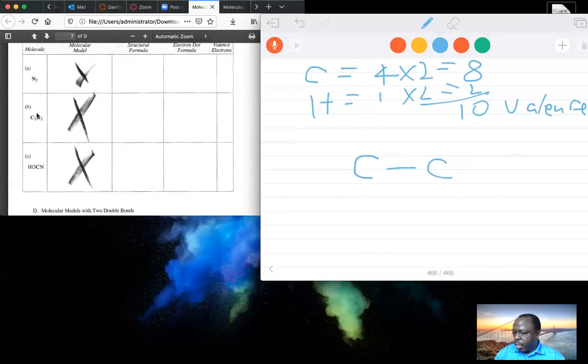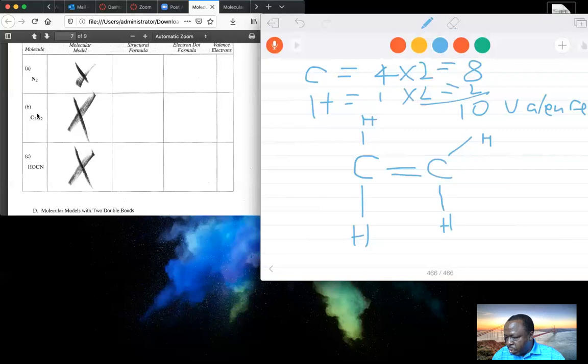You evenly distribute the hydrogens in such a way that this gets 2. If you keep hydrogen like this, let me show you.